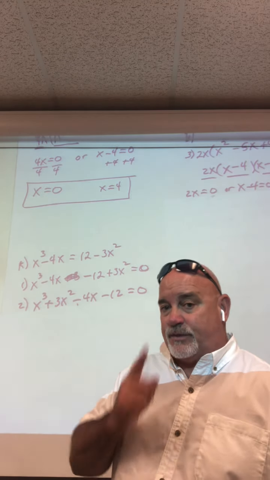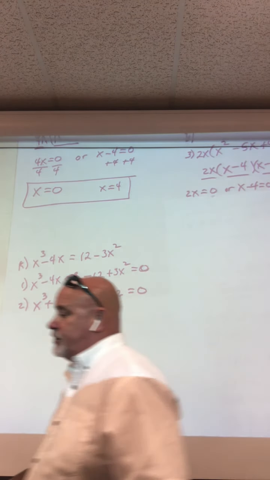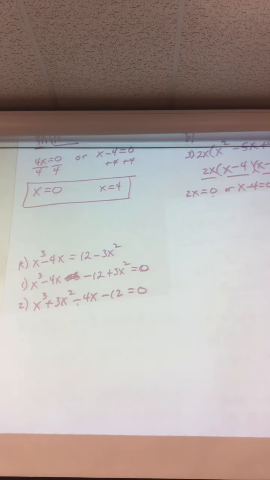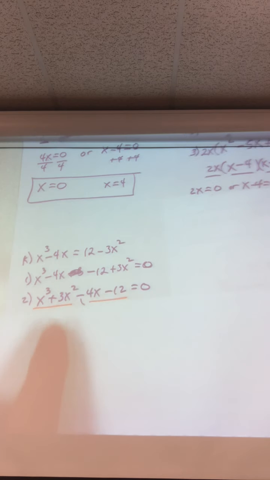Here were the steps. Step 1, group the first 2 terms and group the last 2 terms by underlining them. Step 2, factor out the GCF from each group. Okay, look at these first 2 terms right here. What's the GCF of the first 2 terms?